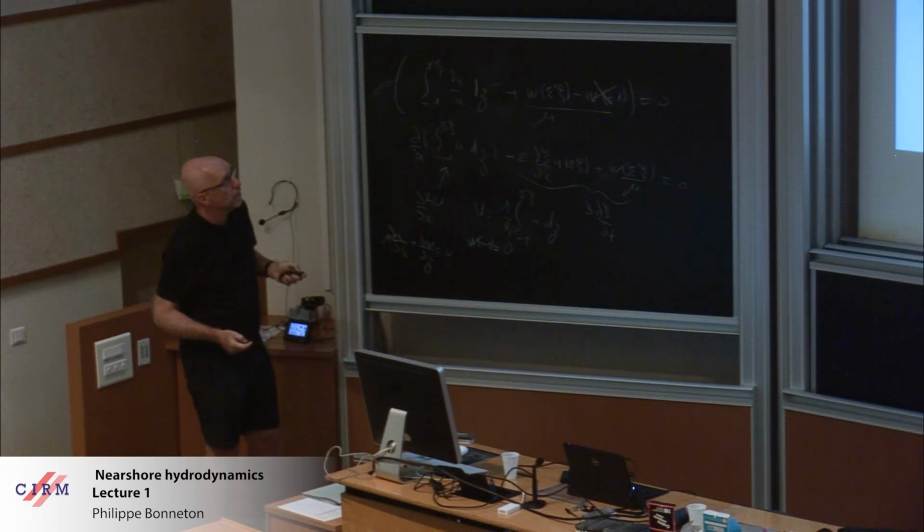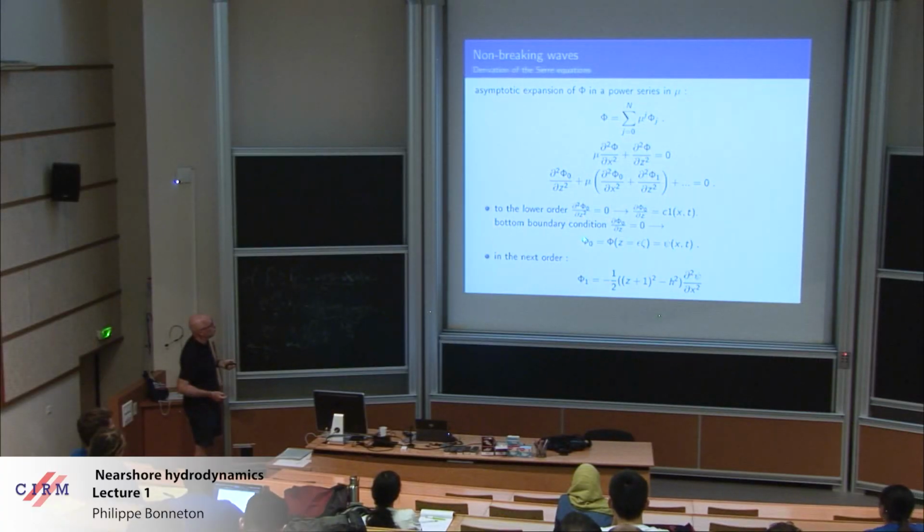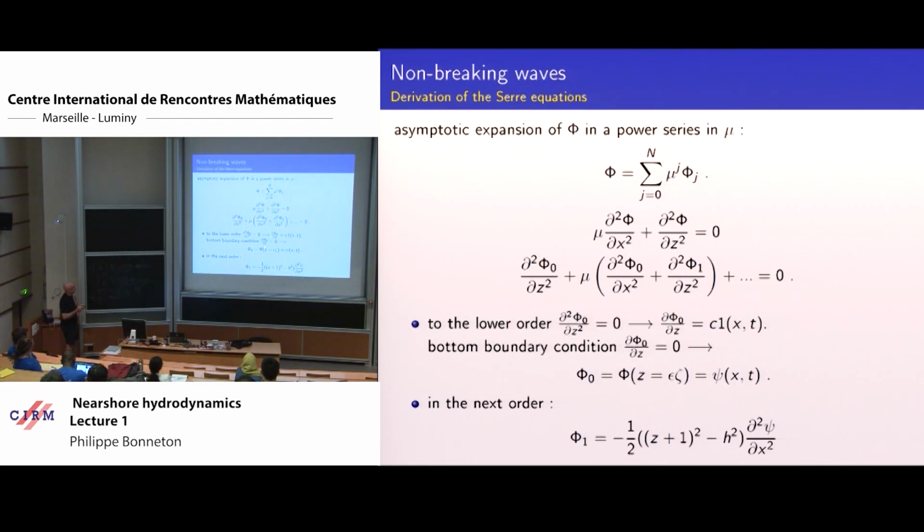So we know now that the potential function at the lowest order doesn't depend on z, and is equal, for instance, to psi, which is the potential velocity at the free surface, and so on.